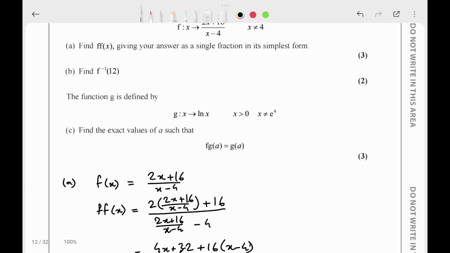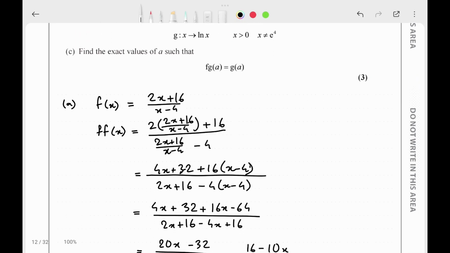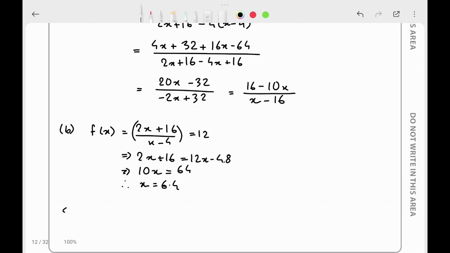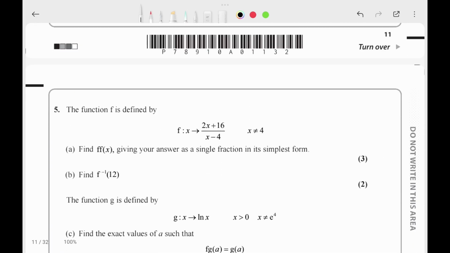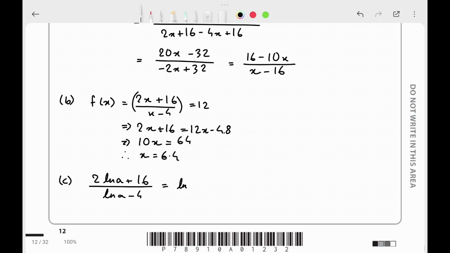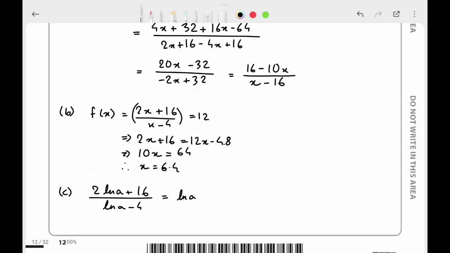Moving on to part C. g of x is equal to ln x. We need to find the exact values of a such that f of g of a is equal to g of a. We need to solve this.